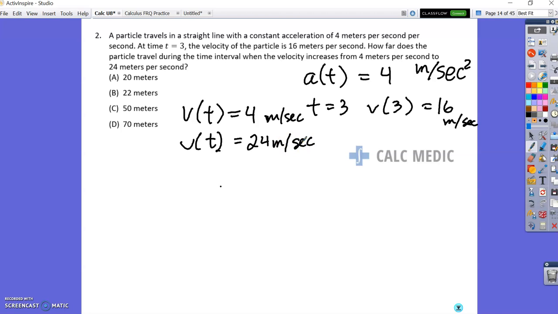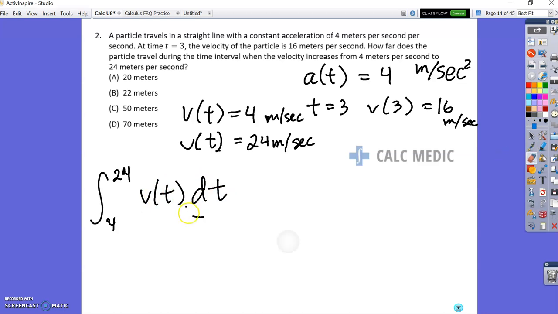So what they're asking us to do here is, 1, find the velocity and integrate it. So we are being asked to integrate from 4 to 24 of v of t dt. We have to find it.